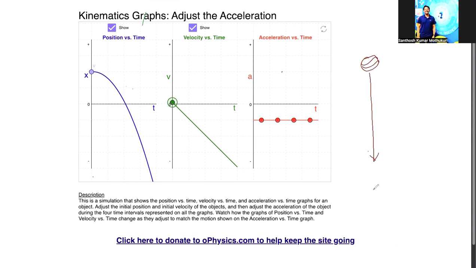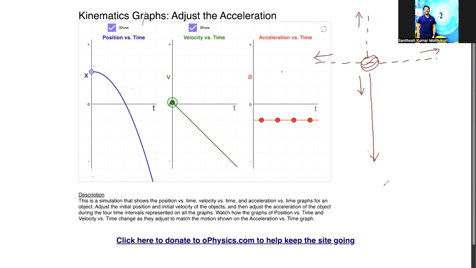Now they ask you to draw the position versus time graph. The graph exactly looks like this, because if you take this as your reference line, this is the positive y-axis, this is the negative y-axis, positive x-axis, negative x-axis.